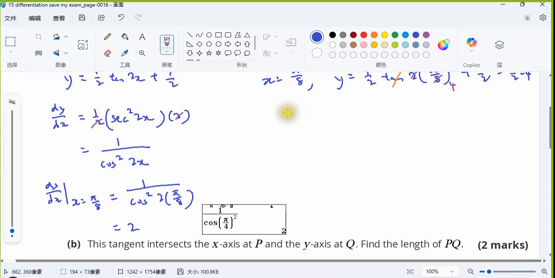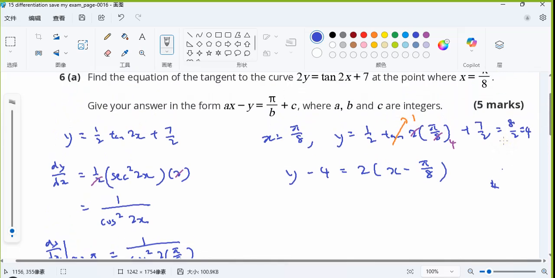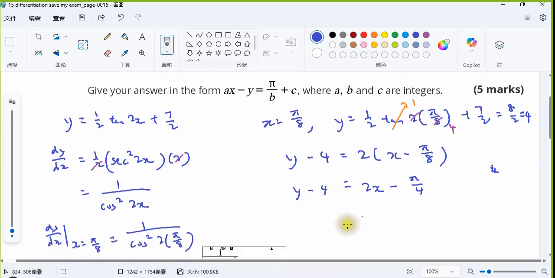So we have y minus 4 equal to 2 times x minus pi over 8. So this is 2x minus pi over 4 is y minus 4.